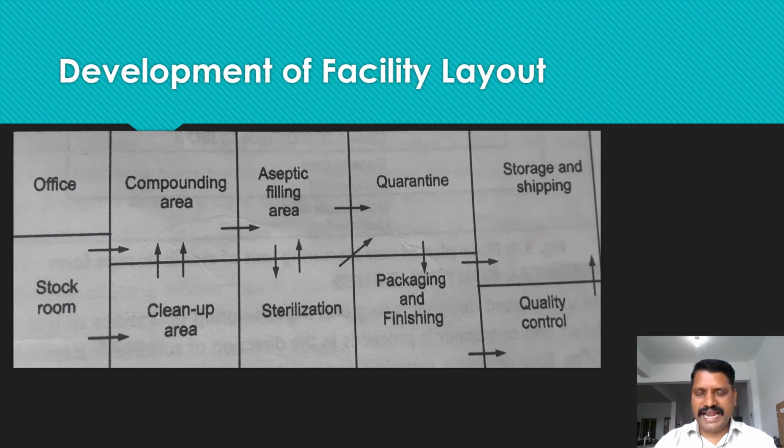Basic factors such as land availability, land cost, and construction cost directly affect the product cost, along with taxes, utility cost, labor availability, labor cost, etc. So these factors play a very important role in the selection of a site for the manufacturing of parenteral dosage forms.